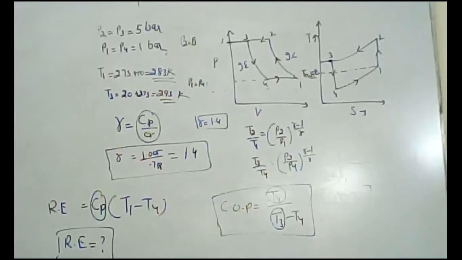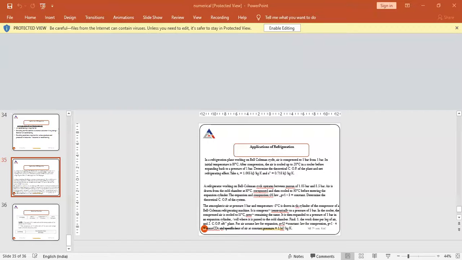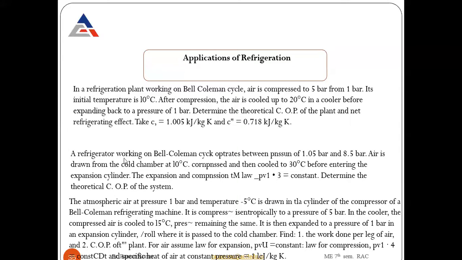Okay, I am going to share the screen. Second, look here: a refrigerator working on Bell-Coleman cycle operates between pressures of 1.05 bar and 8.5 bar.